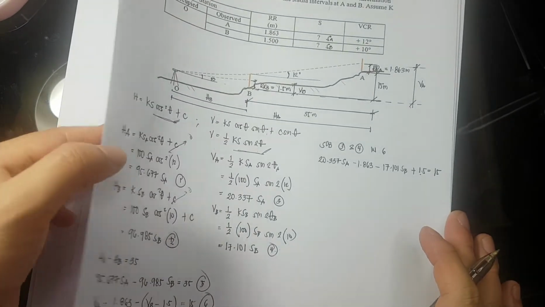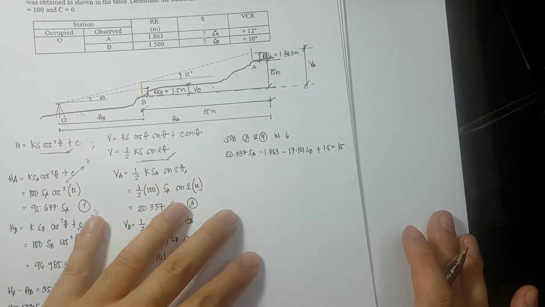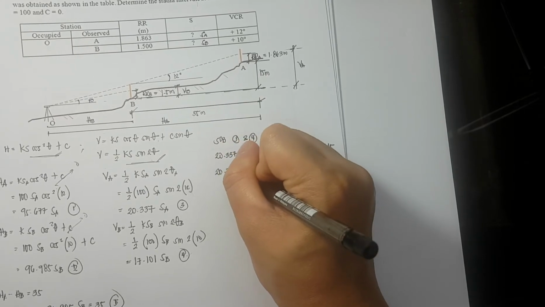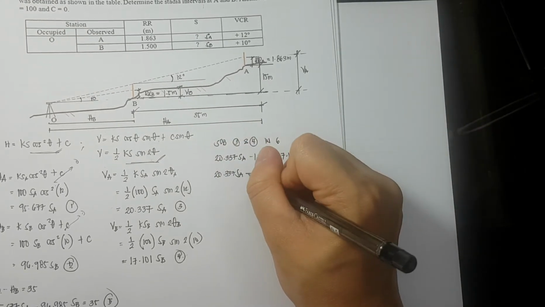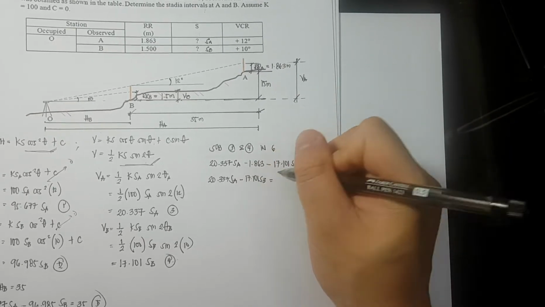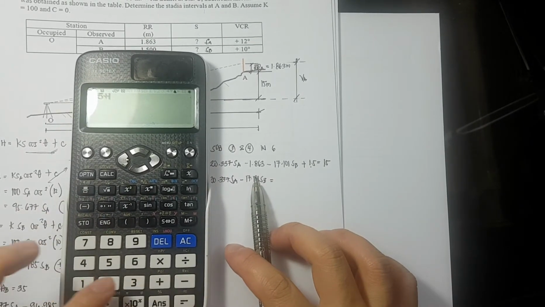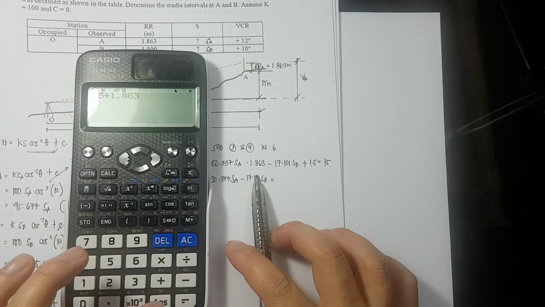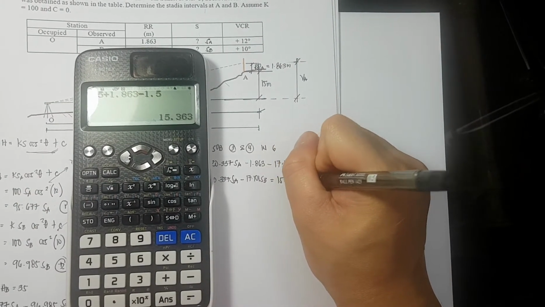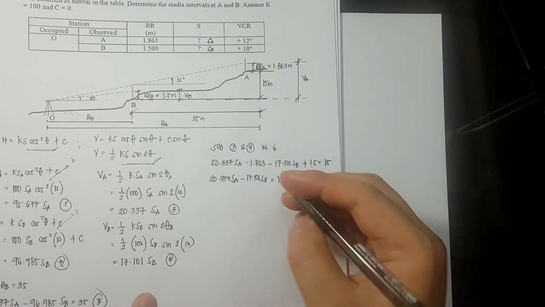Okay? So, simplifying it further, let's combine similar terms. So, we have here 20.337 SA minus 17.101 SB is equivalent to 15 plus 1.863 minus 1.5, so that is equivalent to 15.363. So transpose this to the other side of the equation to make it positive.